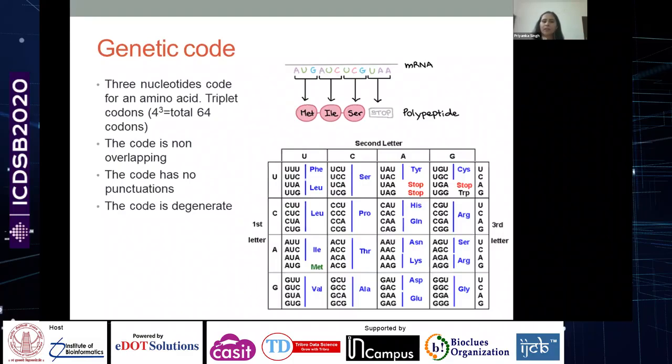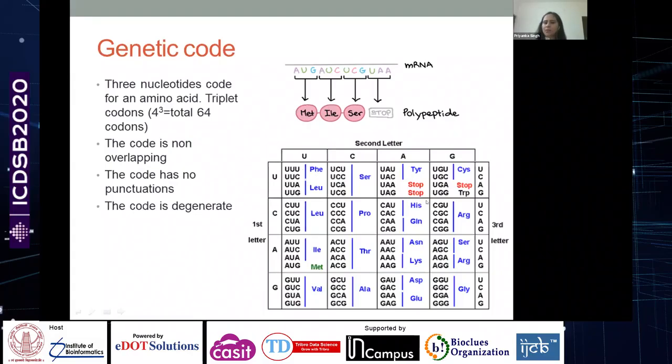That means that out of the 64 codes, some of the codes are going to code for more than 1 codon per amino acid. So this is a map you will come across, which will help you read the codes. You take the first letter from this column, the second letter from this column, and the third letter from the other column, and you will see that, for instance, this is UUU. It is going to code for phenylalanine.